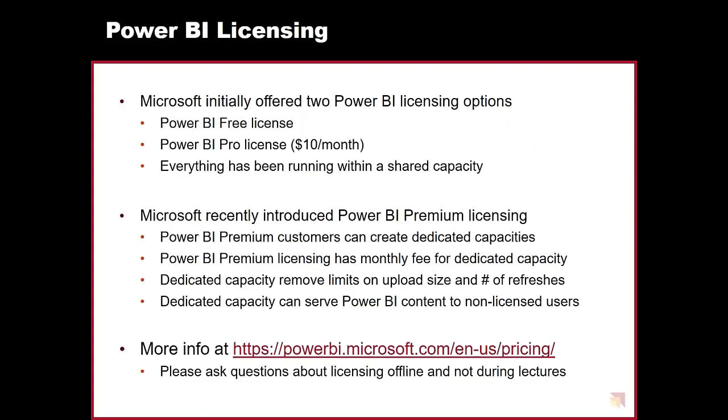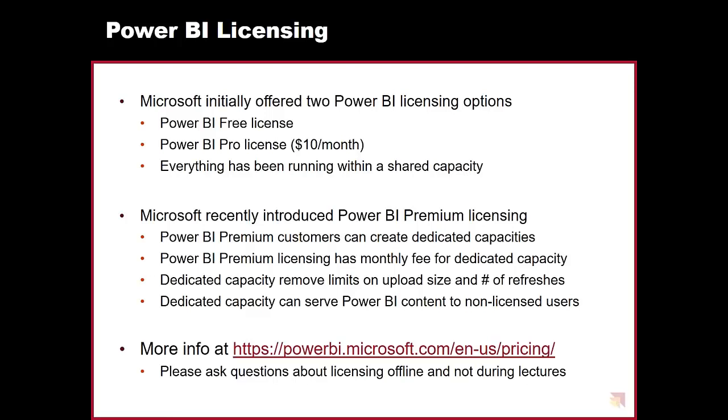Now, another thing to understand is the way that licensing works. Up until last June, we just had user licenses. We had the free license and we had the Pro license. Microsoft introduced Power BI Premium in June at the Microsoft Data Insight Summit. The important thing about that is there's no longer just user licensing, but now we have something called capacity licensing as well.